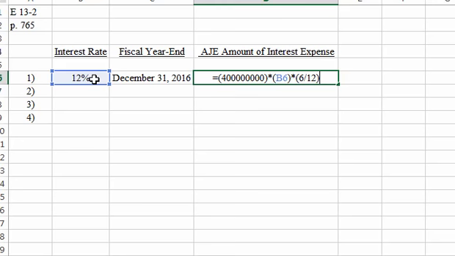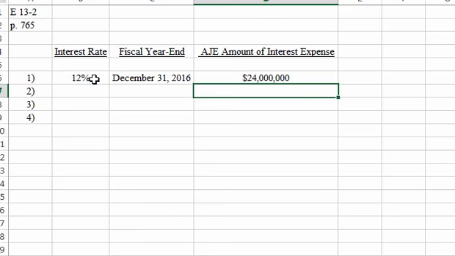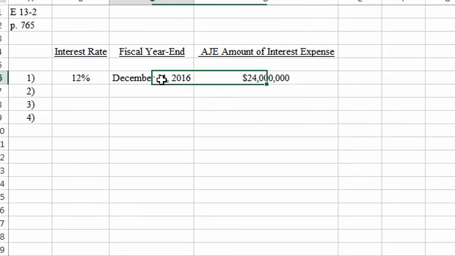And that gives us the amount of the adjusting entry, $24 million. The adjustment that should be made to bring the 2016 financial statements up to date, and that adjusting entry would be dated December 31, 2016.